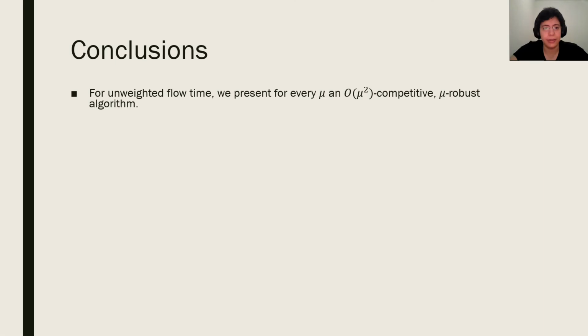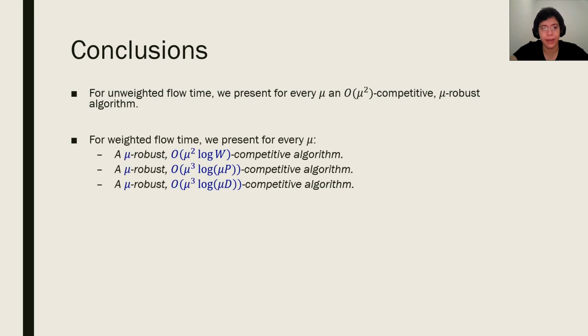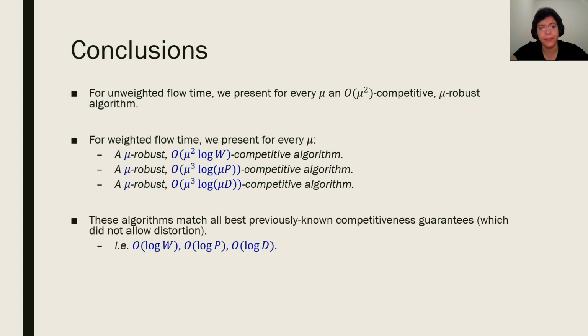Okay, so to conclude, for unweighted flow time, we present for every mu an O(mu squared) competitive, mu robust algorithm. For weighted flow time, we present for every mu algorithms which have polynomial dependency on mu and logarithmic dependency on the various parameters used for weighted flow time.